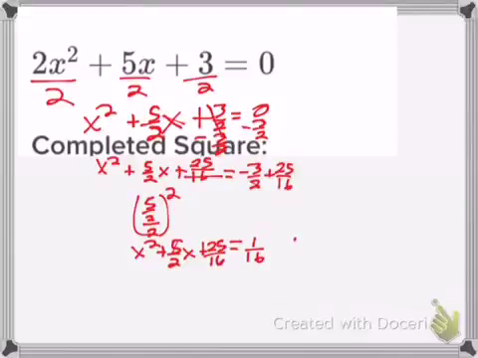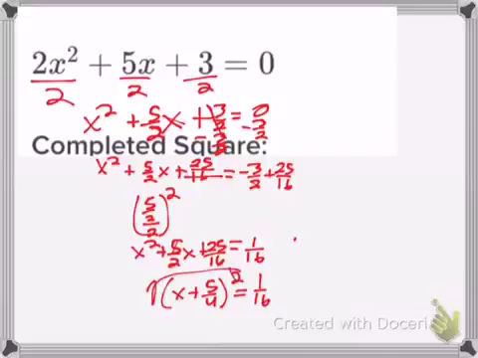Factor that out. It's always going to be what you multiplied to get it. So 5 over 4, and we got x plus 5 over 4 squared equals 1/16.